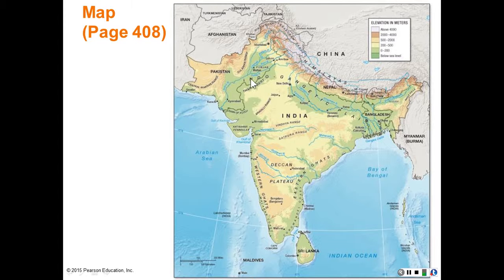We have the Indo-Gangetic Plain, which includes the Indus River and the Ganges River. The Ganges River eventually drains through the Sundarban Delta region into the Bay of Bengal. Bangladesh is located on a large portion of this delta.